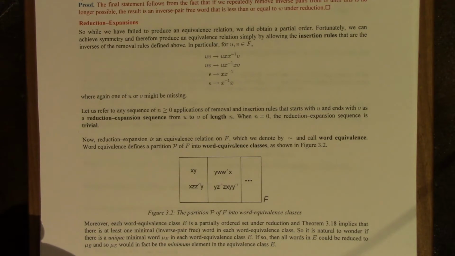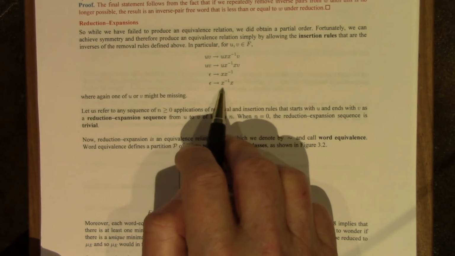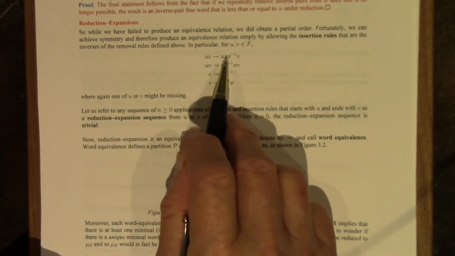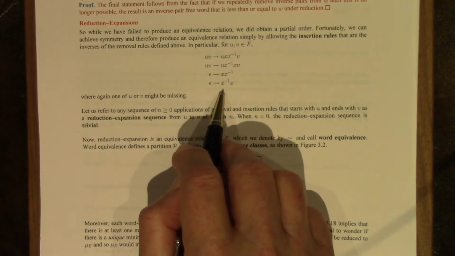Fortunately, we can get symmetry and therefore an equivalence relation simply by allowing the corresponding insertion rules. These are the rules that go in the opposite direction from the four removal rules.